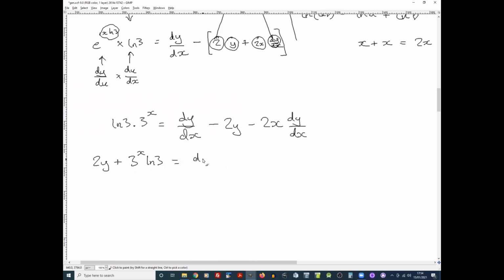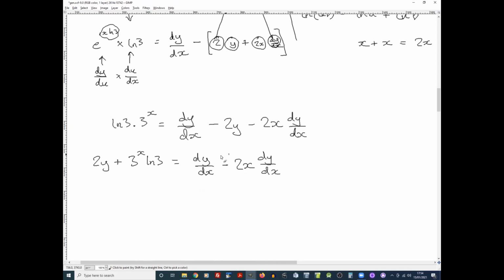Minus 2x dy dx. Let's collect them first: we've got dy dx minus 2x dy dx.